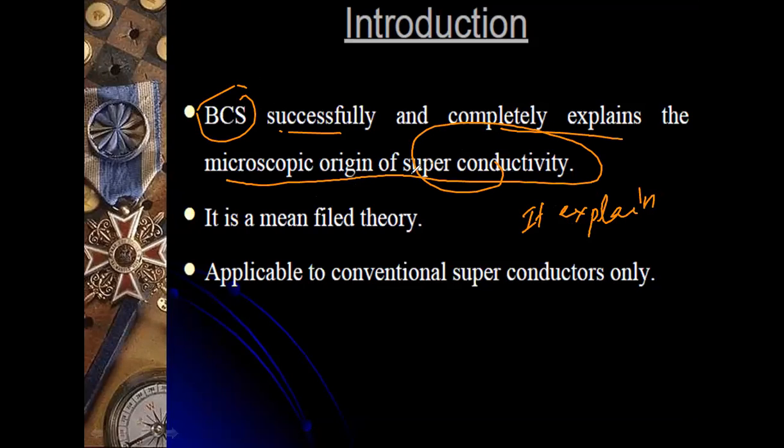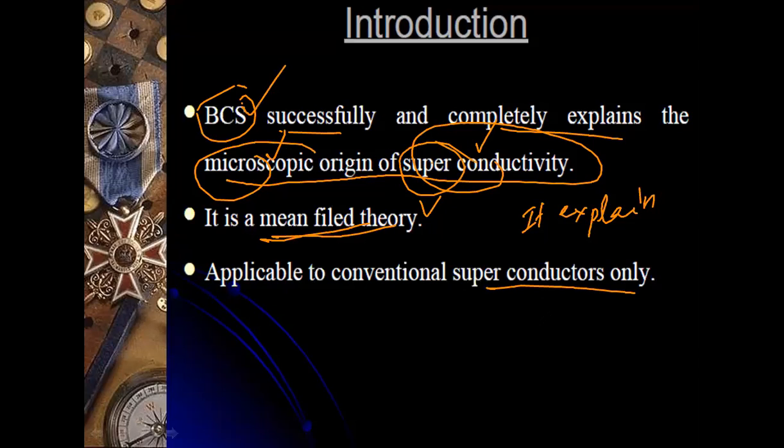It also explains the mean field theory, which you're going to understand later. It is also applicable to conventional superconductivity. Mainly, what are the reasons to have superconductivity? They have explained this with the help of this theory.